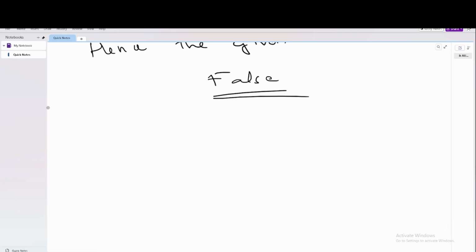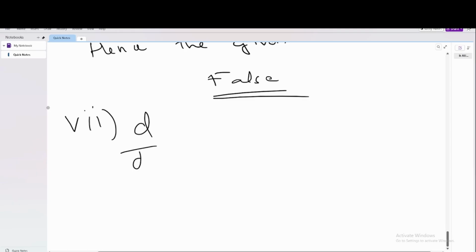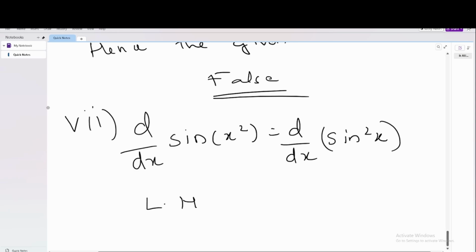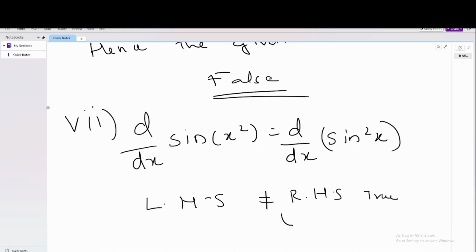Seventh question: d by dx of sin x square is equal to d by dx of sin square x. We can check the LHS and the RHS. If LHS is equal to right hand side, then the statement is true. If it is not equal, then the statement is false.